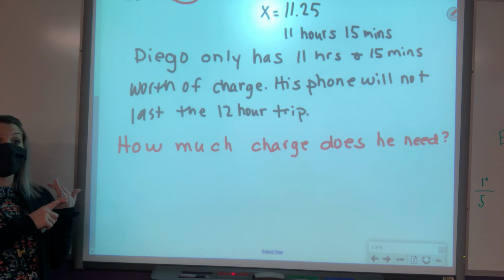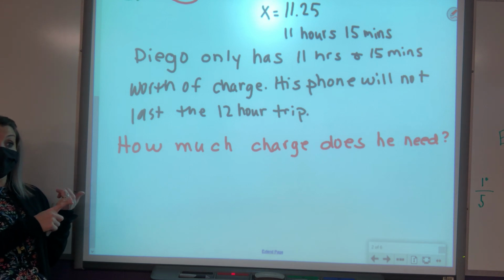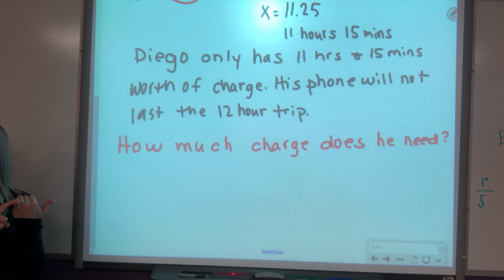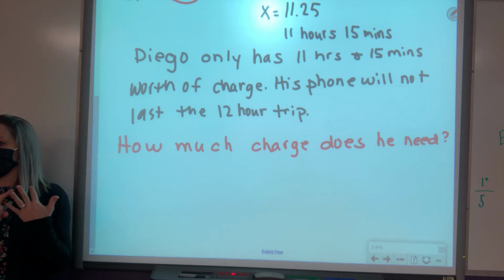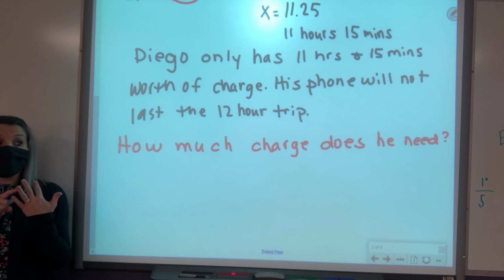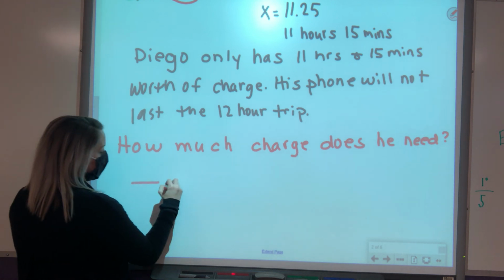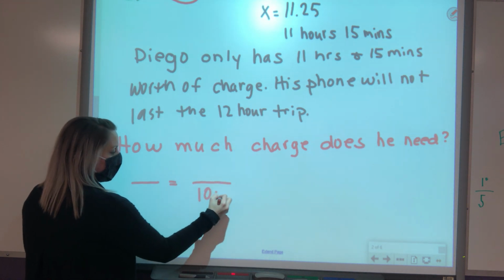We know the battery has to last 12 hours. What do we know about 100%? It lasts 15 hours, right? So what do we have in our percent proportion?